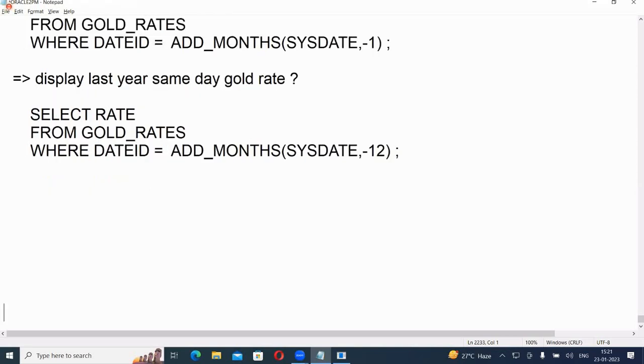Next one. This is add months. Whenever you want to add months or subtract months, you can use this function. Like that, there is another one. What is that? Months between. Now you tell me how to add days to the date.